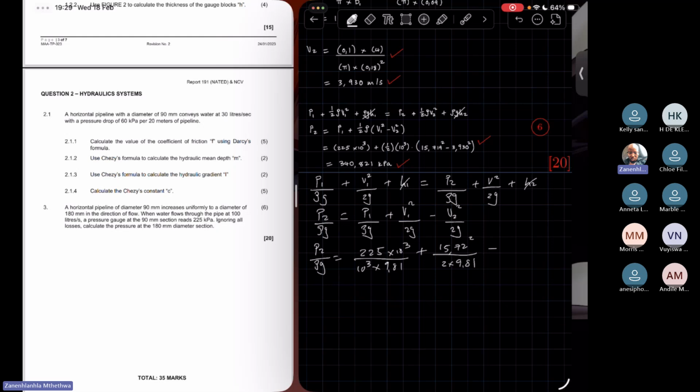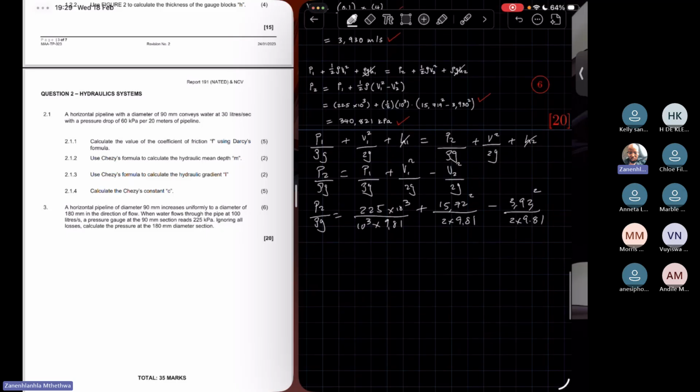Then minus, what did you get for V2? 3.9298, squared, divided by 2 times 9.81.